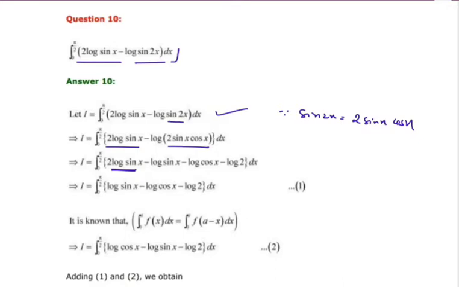Log of m by n can be written as log m minus log n. So here we have written log sin x, log cos x, log 2. Multiplying the minus also, minus log sin x minus log cos x minus log 2.